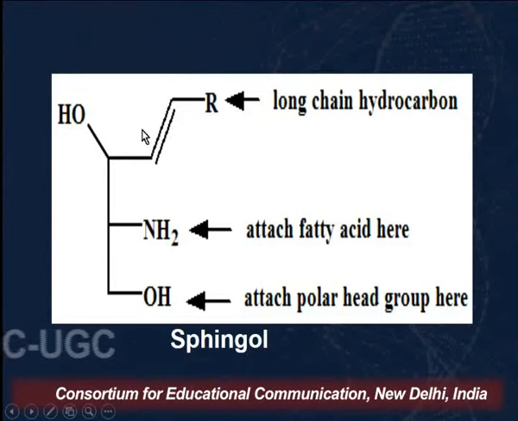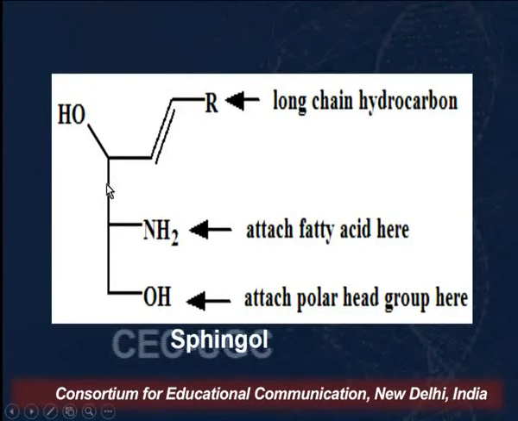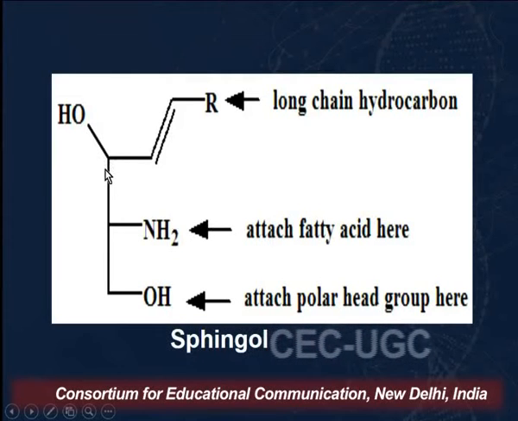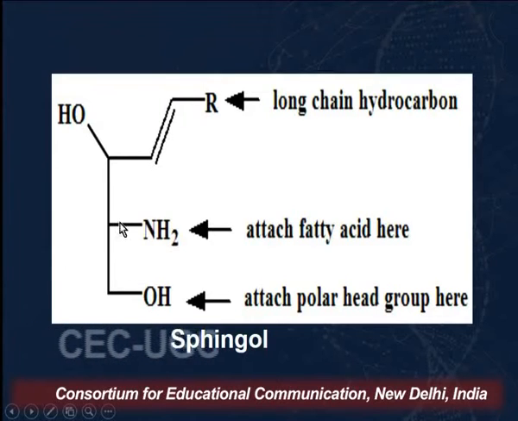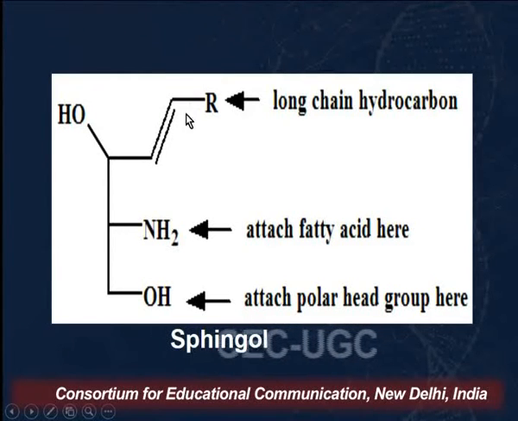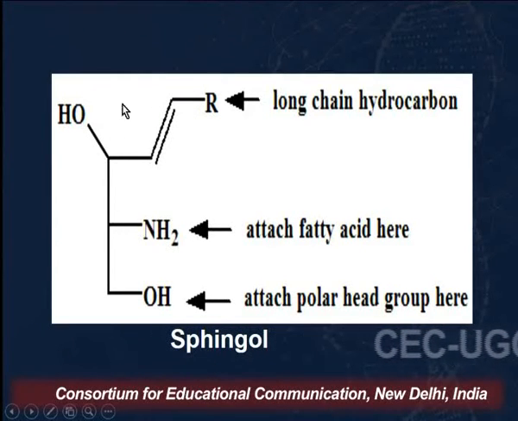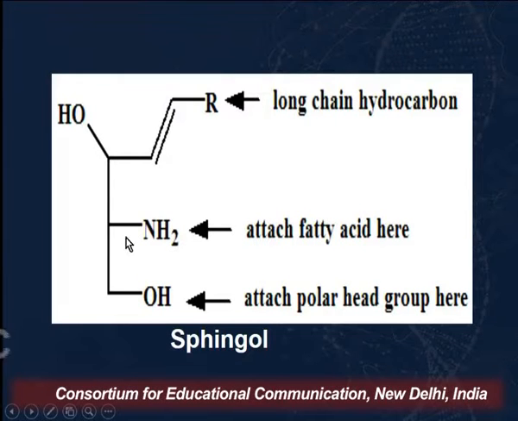Now see, when we talk of sphingolipids, it may be sphingomyelin or it may be glycolipids, which we'll be discussing also. What we find is that this basic structure is going to be the same in all sphingolipids. Where will the difference lie?